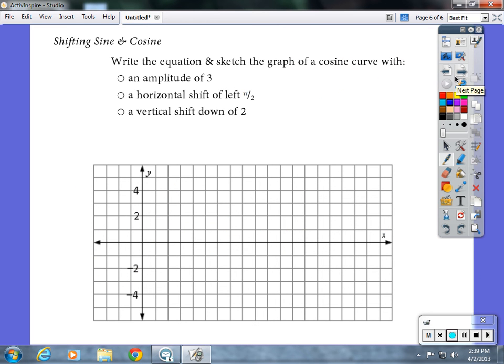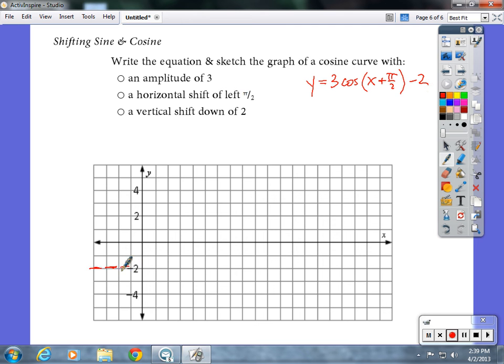Last, we have write the equation and sketch the graph of a cosine curve with an amplitude of 3, a horizontal shift of left pi over 2, so x plus pi over 2, okay, and a vertical shift of down 2, minus 2. All right, so down 2 is where I start.